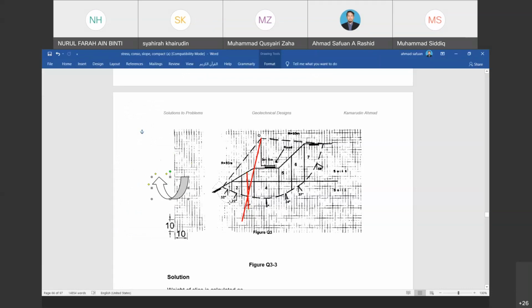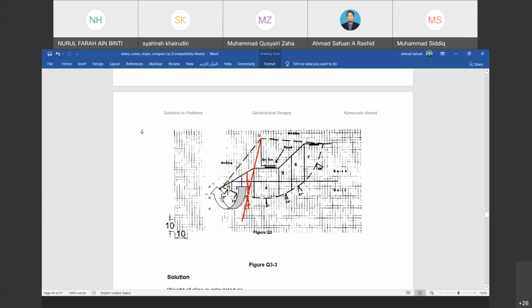For example, if the movement is clockwise, for a moment on this side, it will go clockwise, it will rotate this way, so we consider it a positive value.